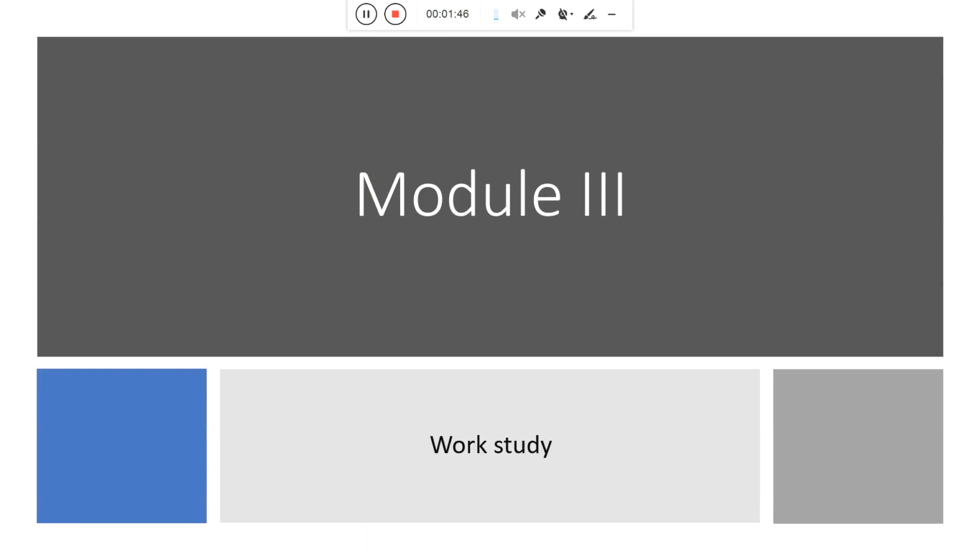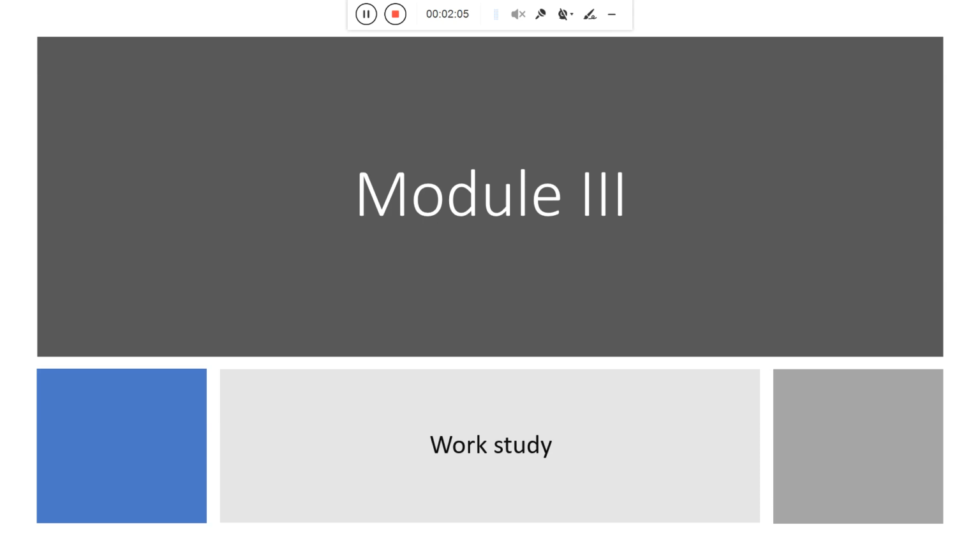Before that I will build one foundation, then we will start with what work study is. Work study means we critically study what type of work is going on in your organization, as well as how we can improve it.